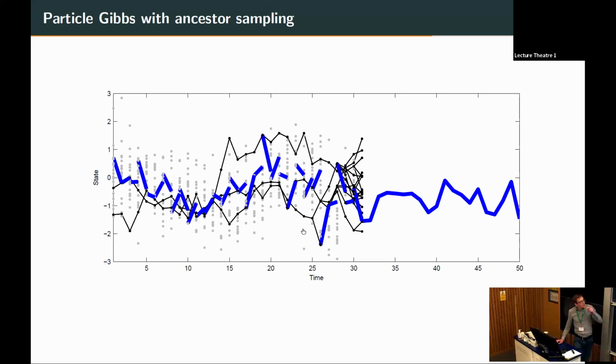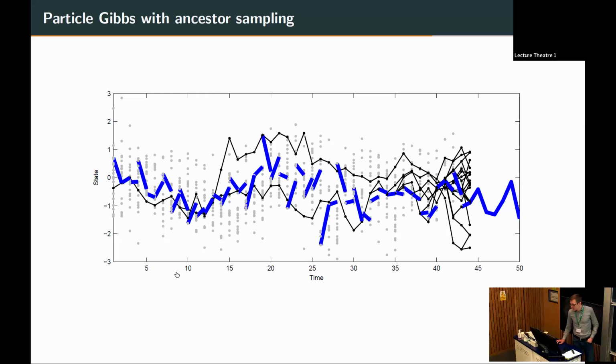What I'm plotting here is each blue line pointing from the reference particle to its newly assigned ancestor. Since these ancestors are sampled from all the gray dots here, that can result in breaking the reference trajectory.